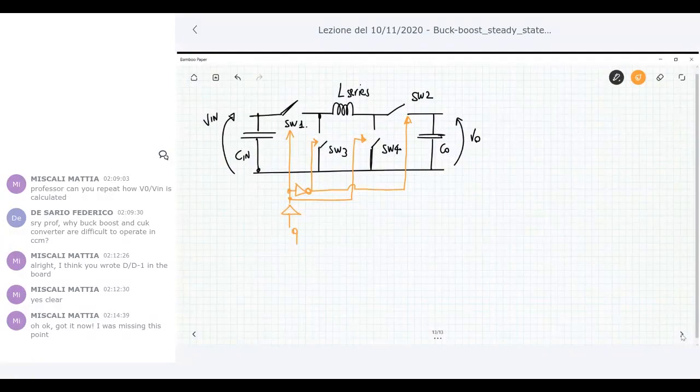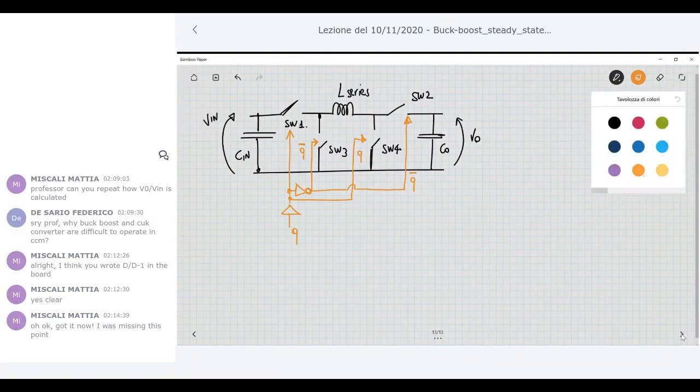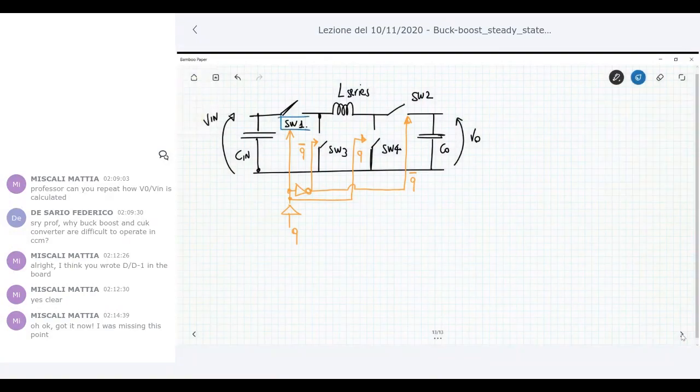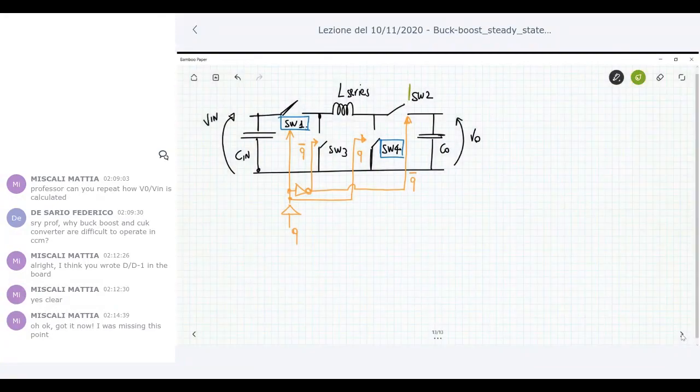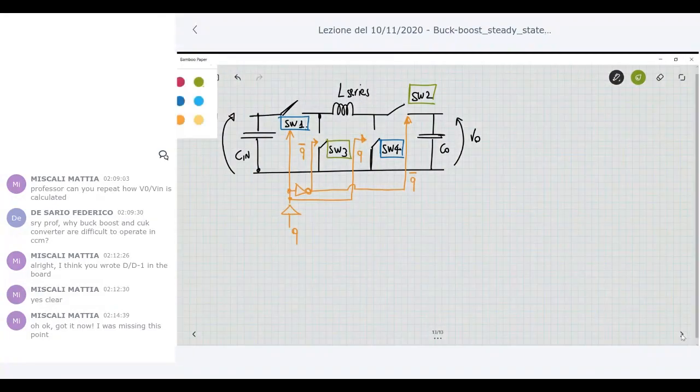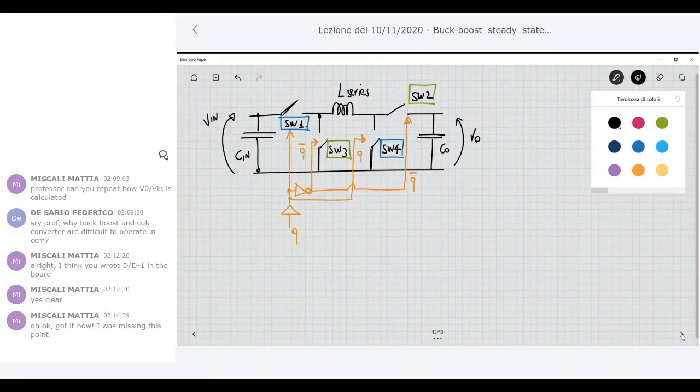While for the diode, switch 2, I have to have the same logical inversion of Q that I have for the switch 3. Okay, so I have to command simultaneously switch 1 and switch 4, okay, and simultaneously switch 2 and switch 3.